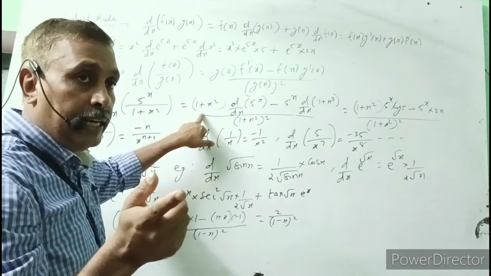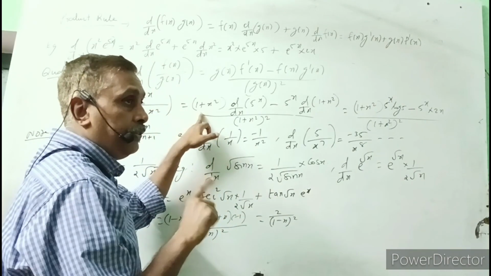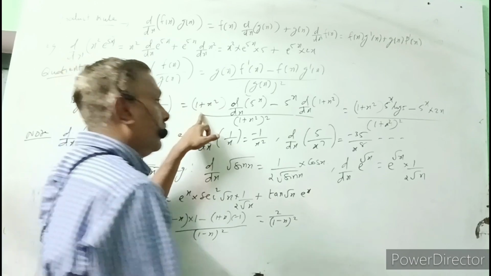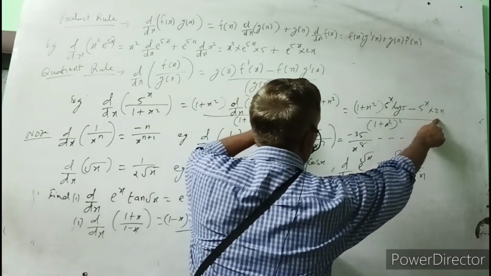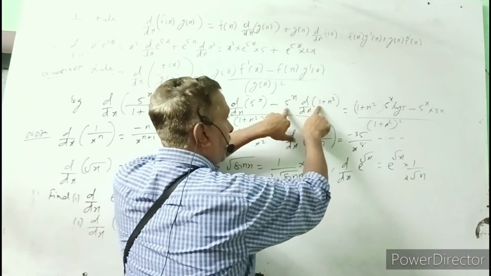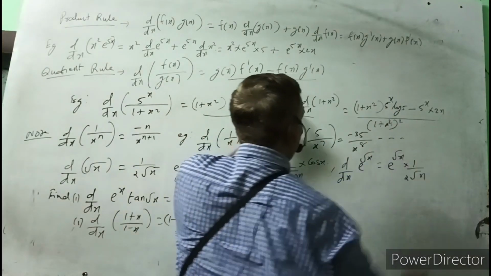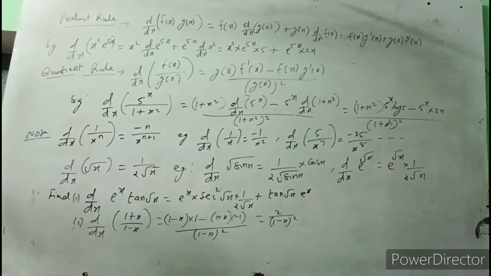That is a formula you see written there: the derivative of a raised to x is a raised to x into log a. Minus 5 raised to x as such. The derivative of 1 plus x square is 2x, because 1 is a constant and its derivative is 0. The derivative of x square is 2x, divided by the whole of 1 plus x square, whole square.